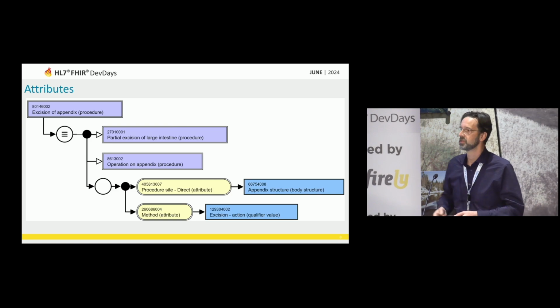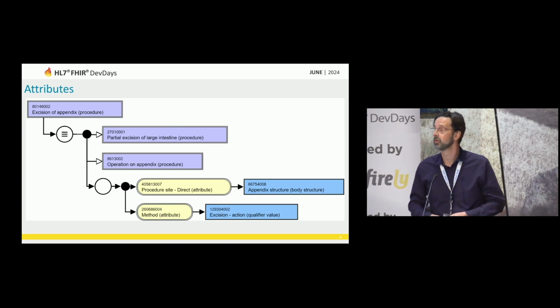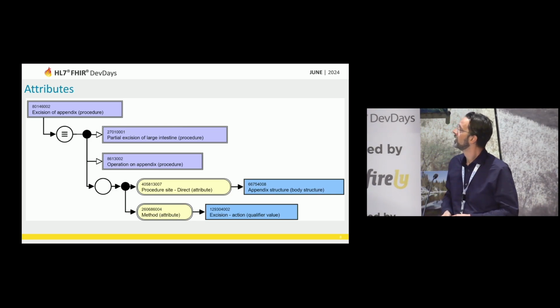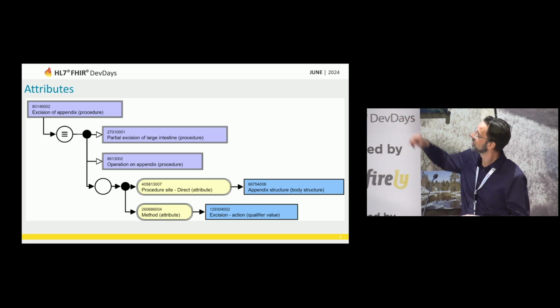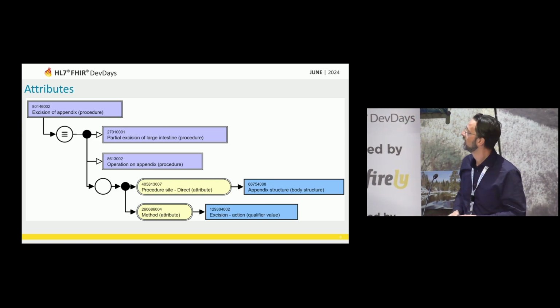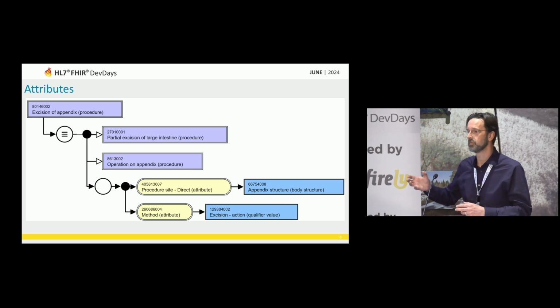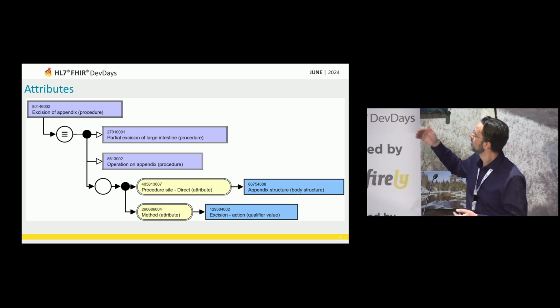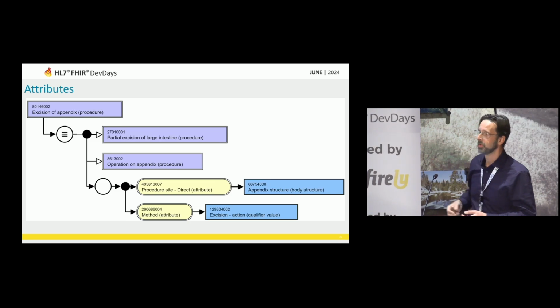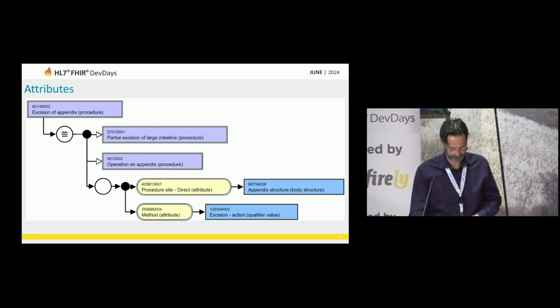And these inferences are made using a computer program called a classifier. The last thing is that open circle there at the bottom shows that those 2 relationships have been grouped together, so they're relevant. If we had some other feature of the concept, maybe an excision on a different body structure as part of the same procedure, those would be grouped together, so you know which method goes along with which procedure site.